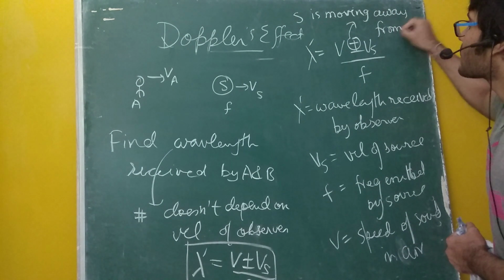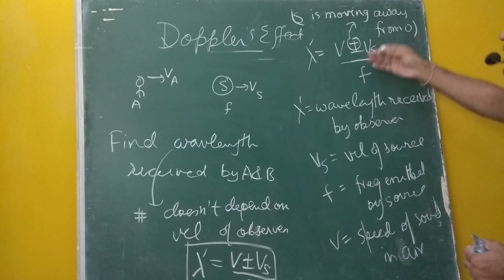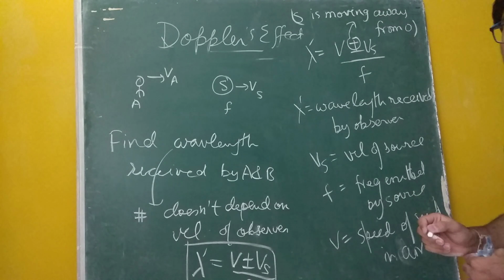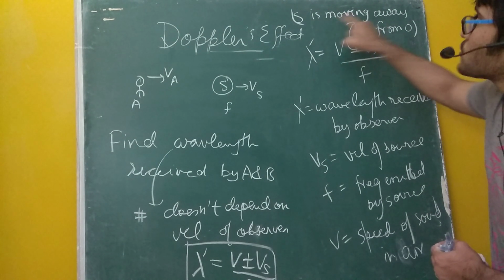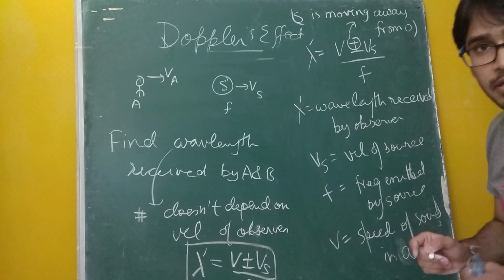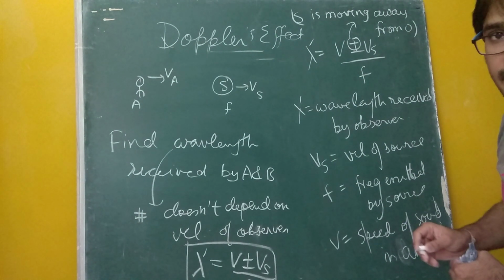When it is moving towards the observer, I will use the negative sign. So if the source is moving away, I will use the positive sign. If the source is moving towards, I will use the negative sign.